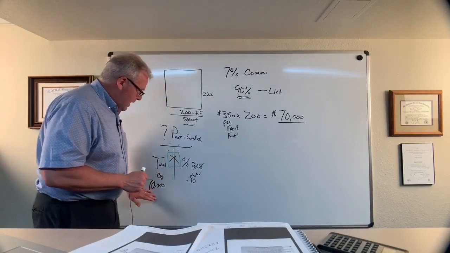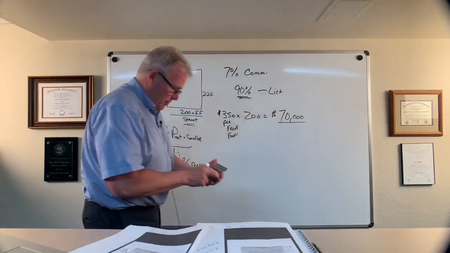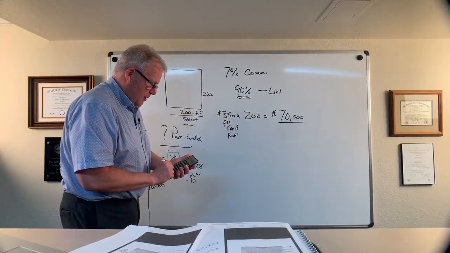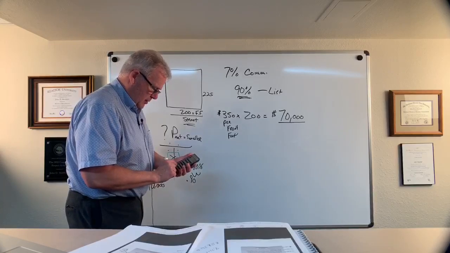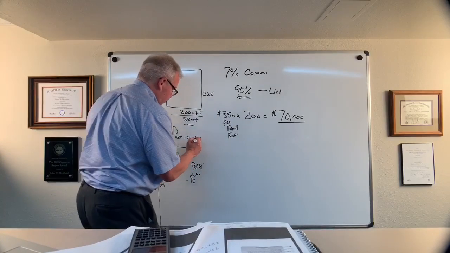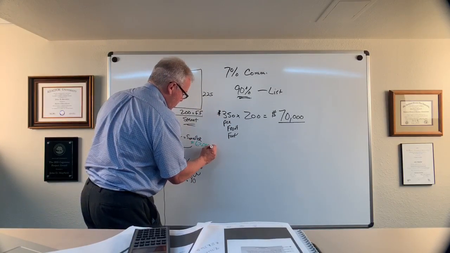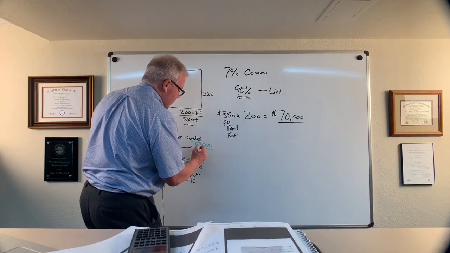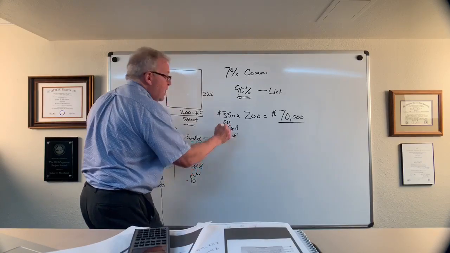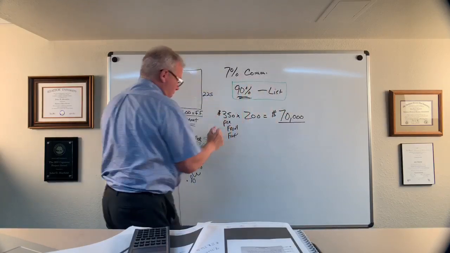So 70,000 times 0.90 gives us $63,000. Okay? That is the sales price. Why? Because it's sold for 90% of the list price.